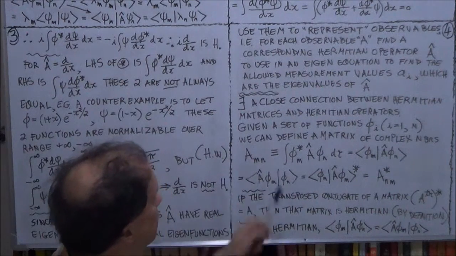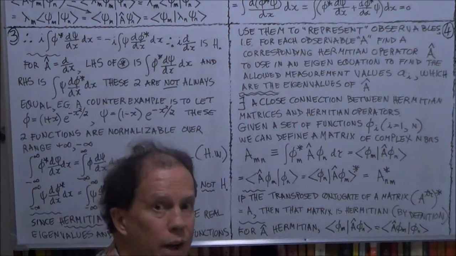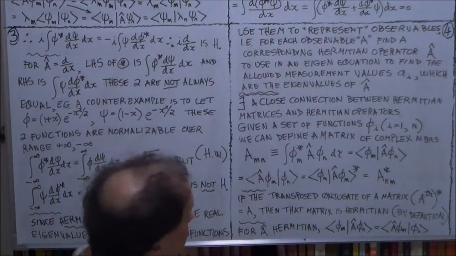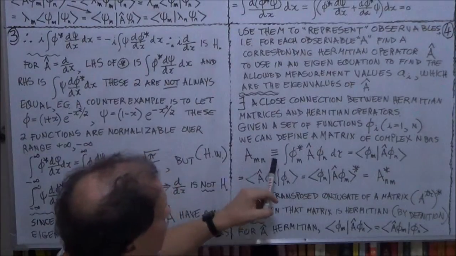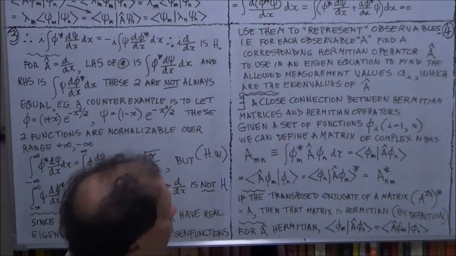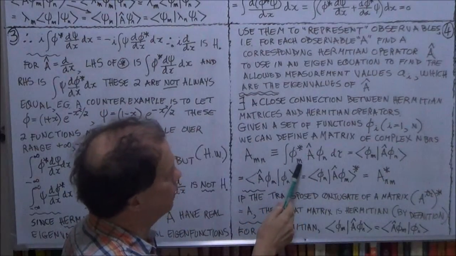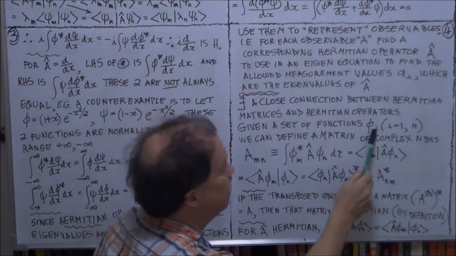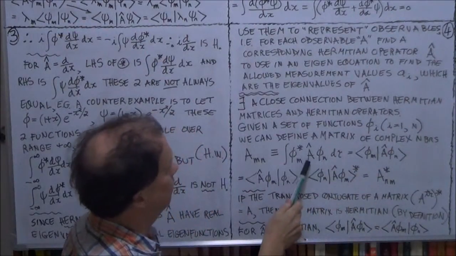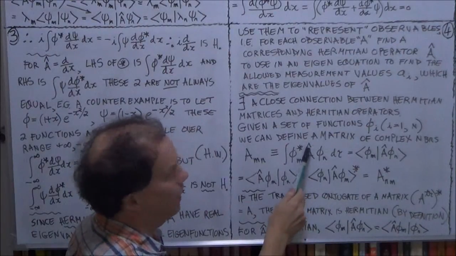Column. Okay, so this is just one element of the N squared elements in your matrix. You define it this way: you integrate the phi m, the mth one of these, times your operator A hat.